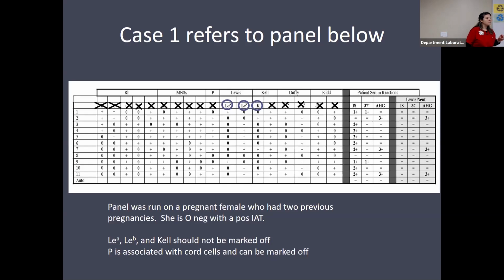They are known to have a decreased antigenic expression during pregnancy. So you will see this frequently in blood bank: pregnant females that have either Lewis A or Lewis B or a combination of both. That's just because the Lewis phenotype is known to decrease during pregnancy.